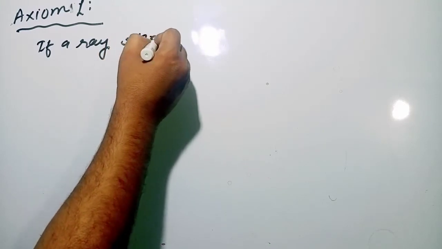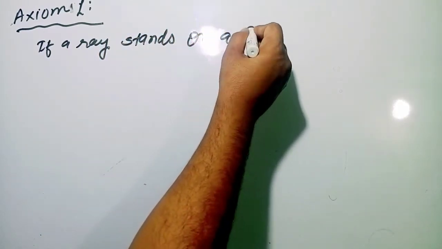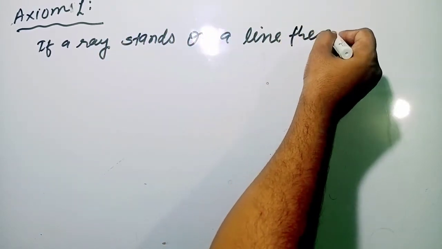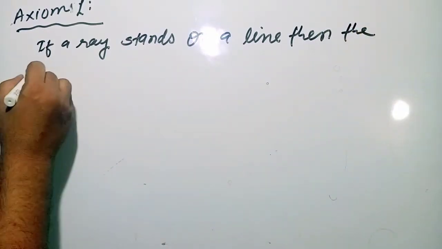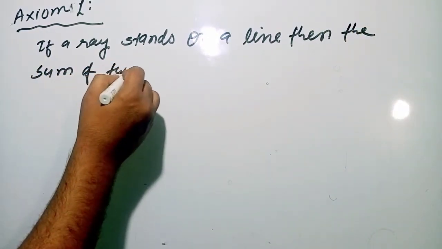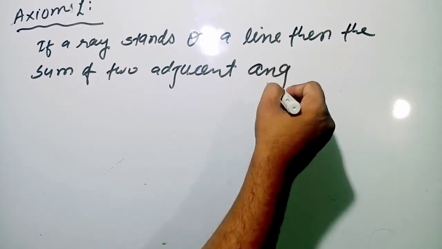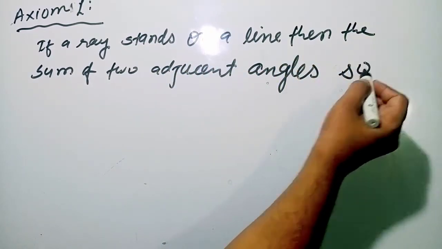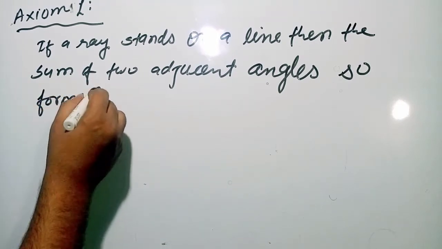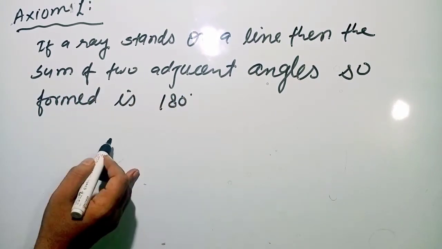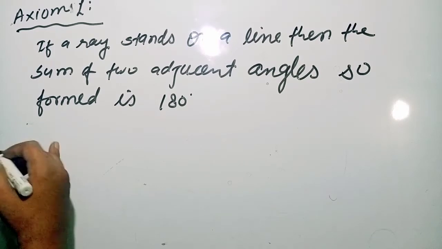If a ray stands on a line, then the sum of the two adjacent angles formed is supplementary, meaning 180 degrees.